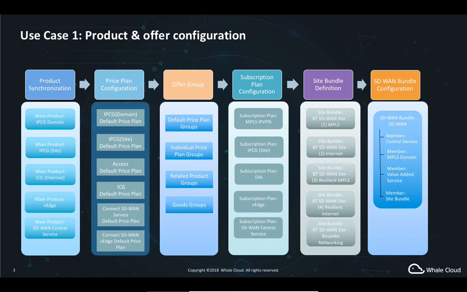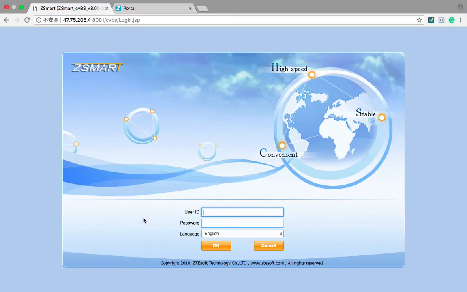Then we'll demonstrate step by step how Smart can configure the product, price plan, the offer group, the subscription plan configuration, side bundle, and finally an SD1 bundle. So let's go to the real system. This is the BSS GUI for login.